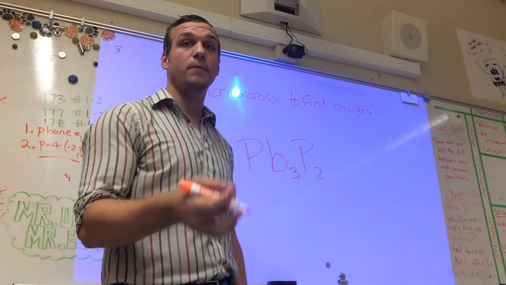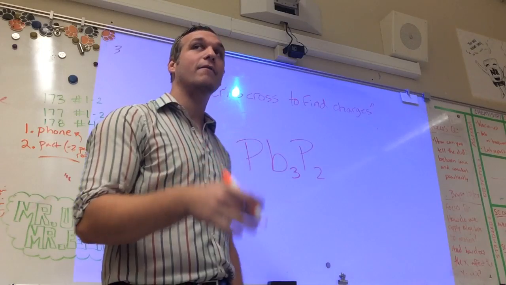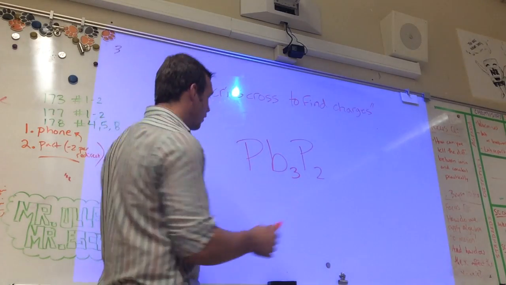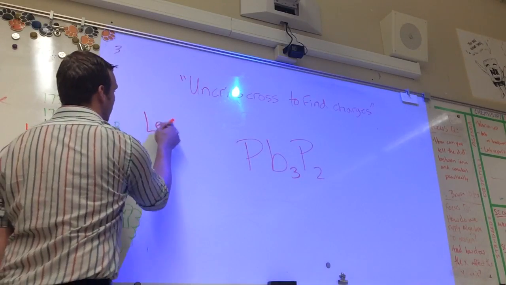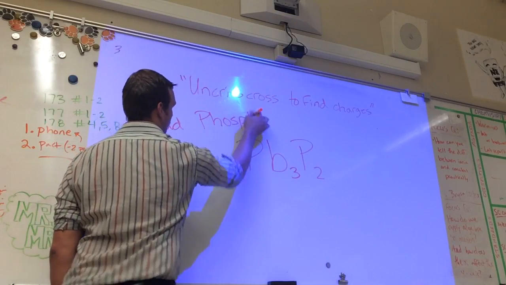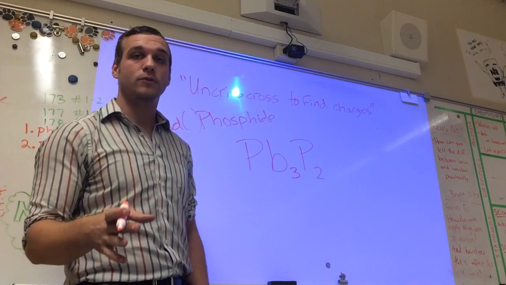What you notice is Pb is lead, P is phosphide. So you have lead and phosphide. Okay? The problem is you don't know the charge. So this is called lead phosphide. But you don't know what goes in the parentheses.